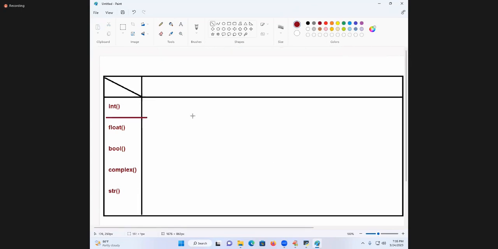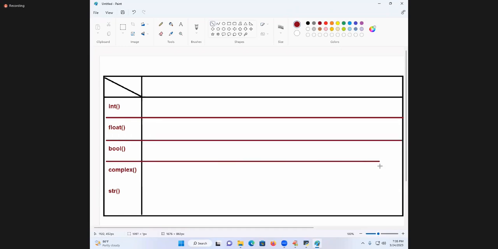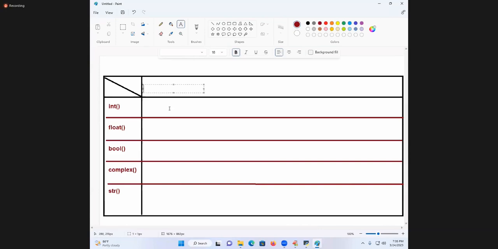Now these are my functions. I will write it. This is my outline. Actually, you have to prepare this, because I wanted to write there but it is almost gone. Now, which type will I write here? Int. Next, float. Next, bool. Next, complex.